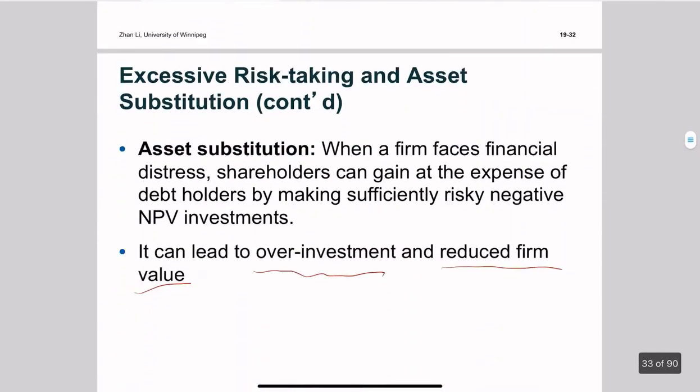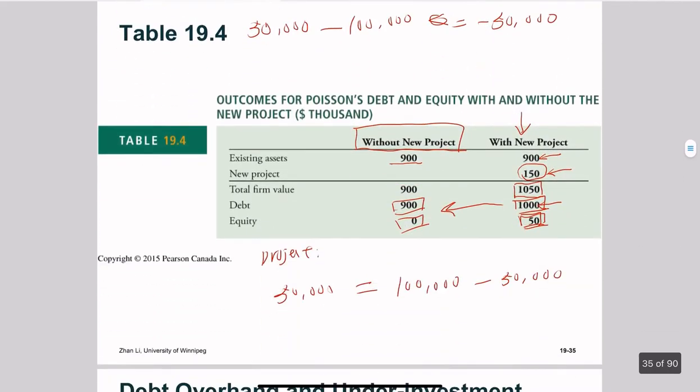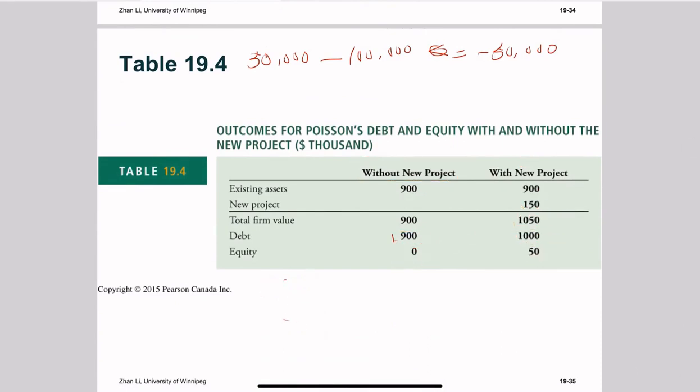Okay, now let's examine the debt overhang problem. So now let's see this. So we will use this same $900 total firm value, debt $400, and equity $500.